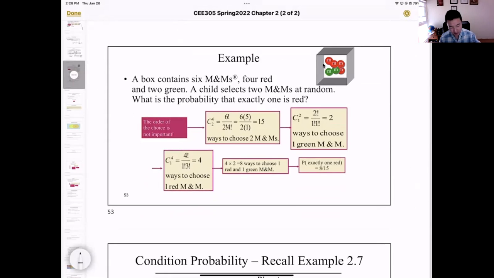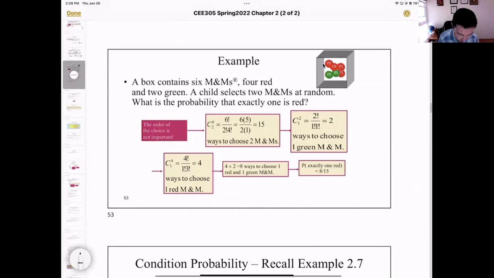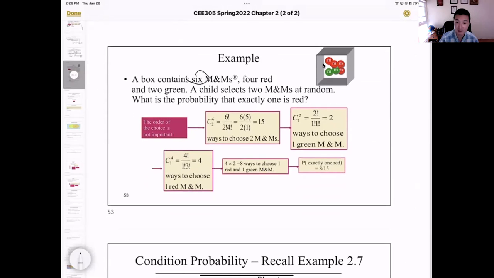All right, so the next question is still about candies. A box of 6 candies, as we can see here, has 4 red and 2 green. A child selects 2 candies. So that's 2 picks, 2 steps. What is the probability that exactly 1 is red?